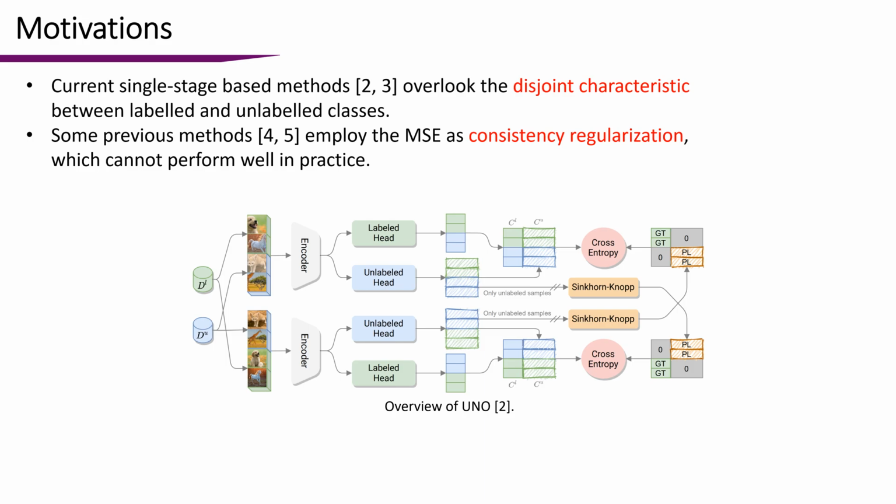The second one is that some previous NCD methods have introduced data augmentation techniques to help improve the clustering accuracy when discovering novel classes. These methods utilize MSE as consistency regularization to constrain the representations, but it cannot achieve the desired effect.